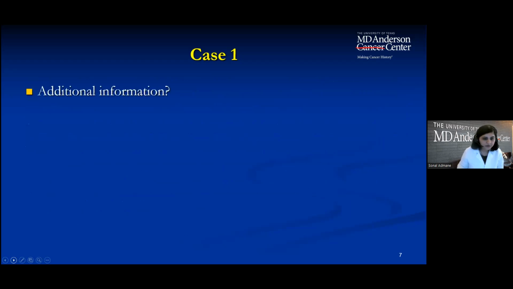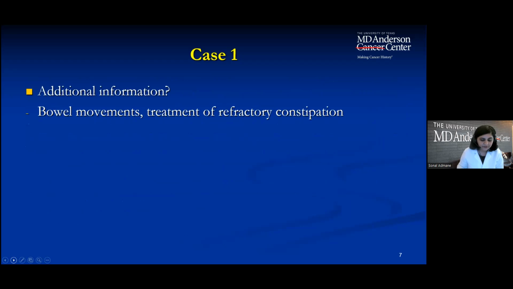Okay, moving on. One of the important things you always need to evaluate when you're getting mostly GI-based symptoms is bowel movements, especially when somebody is on opioids, to see if the patient has opioid-induced bowel disease, because that is one of the most common causes of nausea in a lot of our patients.